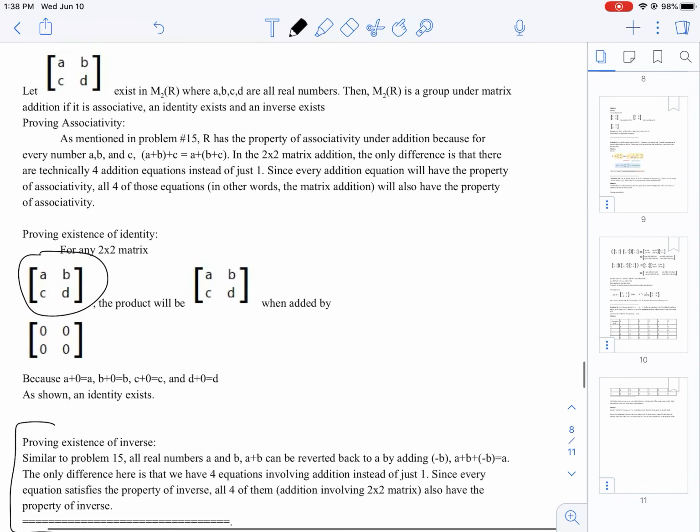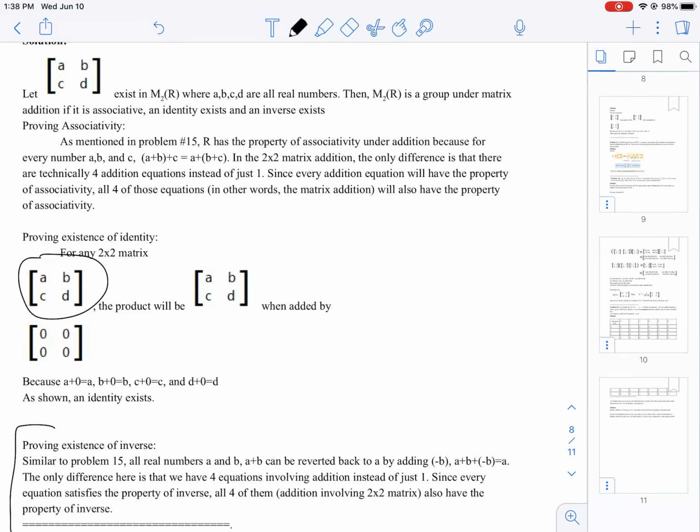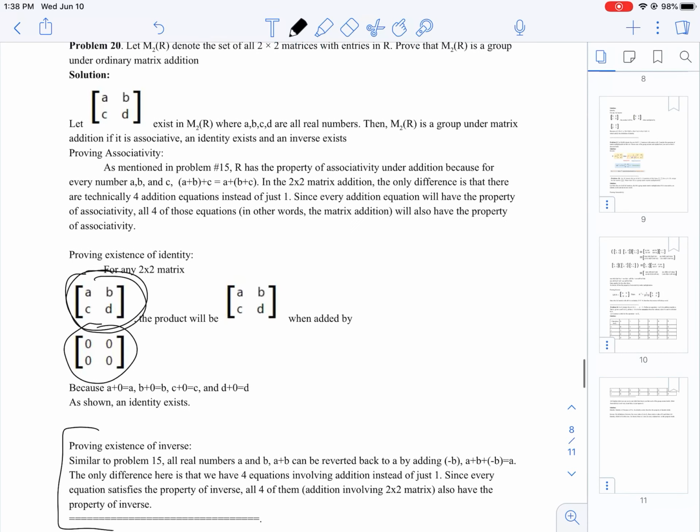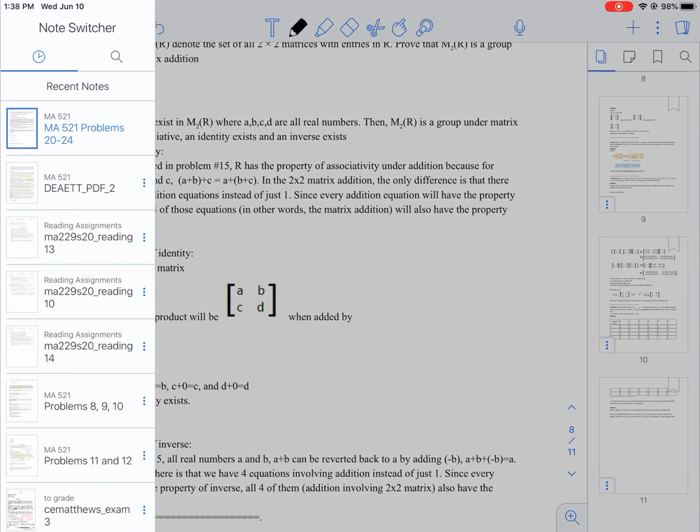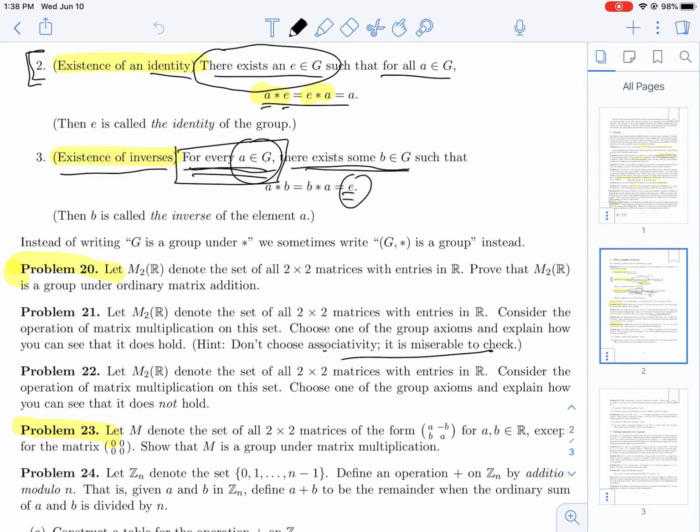You just want to show that if I write down a matrix that's the inverse of this, and I add it to A, B, C, D in either order, then I get my identity 0, 0, 0. So if we were in class, I'd have a little conversation with you guys, and I'm sure you could do that. But I'll leave it to you to decide if you feel comfortable writing a proof that something satisfies that identity axiom.